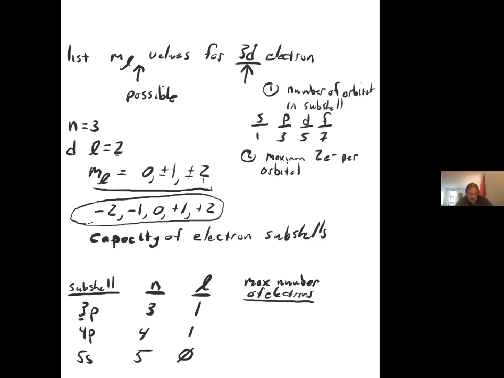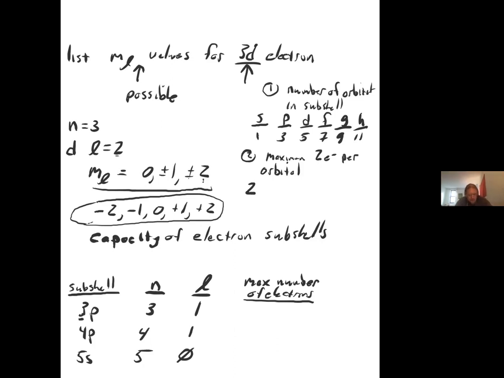The next letter in the sequence would be a G, and that would be 9. And then an H would be 11. But you don't need those. I'm just kind of showing you. Just add 2 more. So the number of orbitals is 1, 3, 5, 7, 9, 11. But you can have up to 2 electrons in each one. So think about it this way. If you have 1 orbital and you can have 2 electrons in it, that gives you 2 electrons, right? 1 times 2.